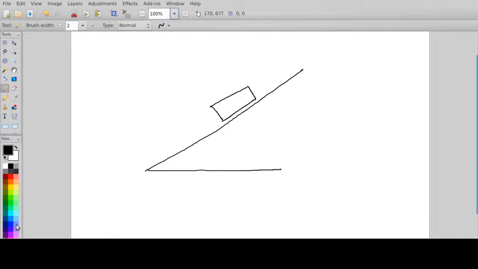It's a slightly different problem, so we have to go through all the forces again. There's still gravity. There's always gravity. mg cos theta and mg sine theta.